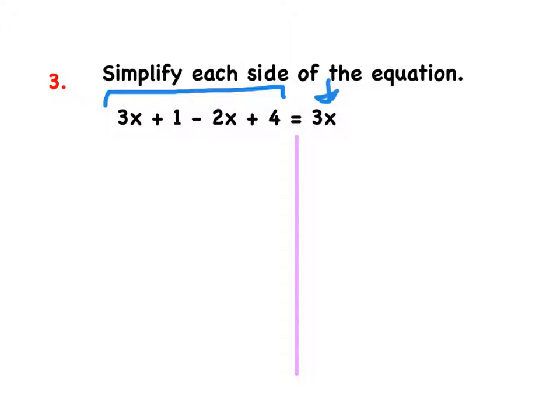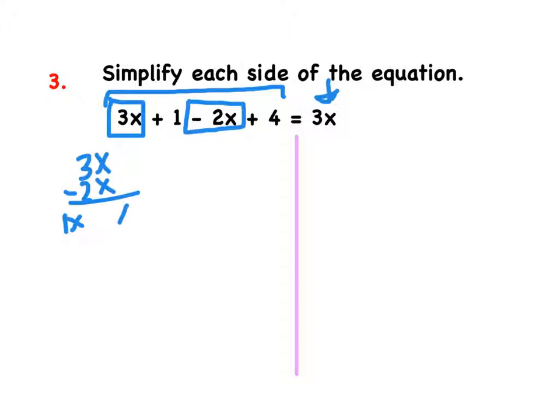I am going to get all of my x's, including the signs in front, and I'm going to add them together. So 3x and minus 2x added together is going to give me 1x. And remember, I can write that either this way or just as a simple x.